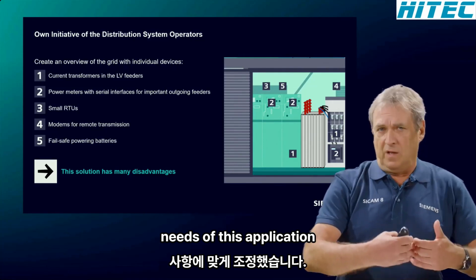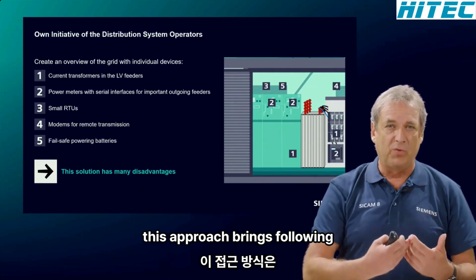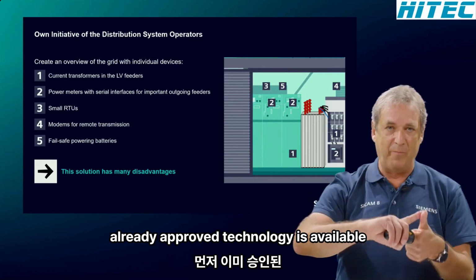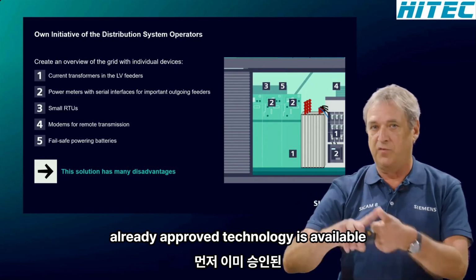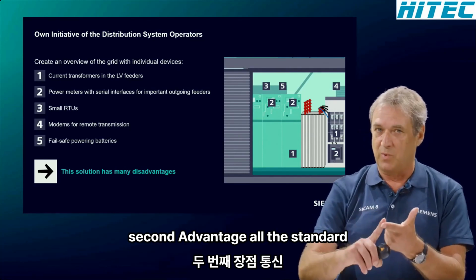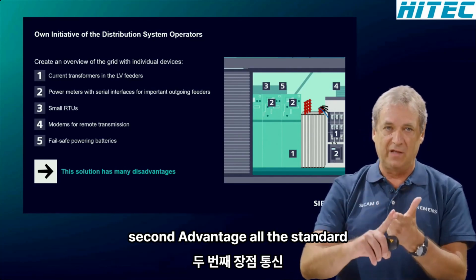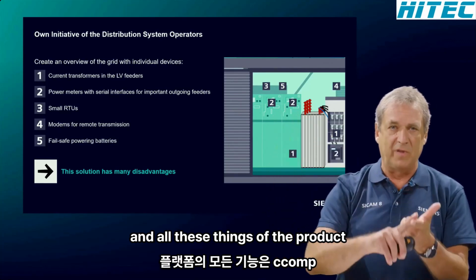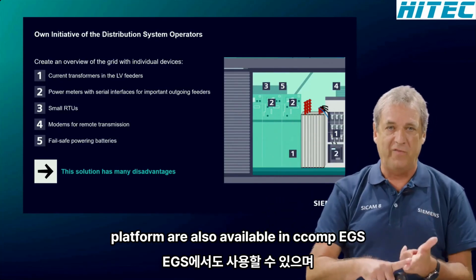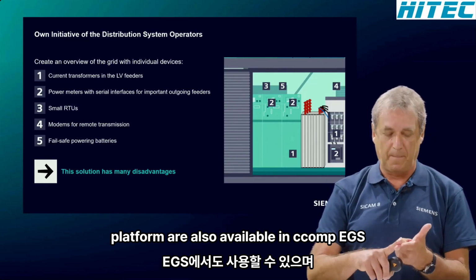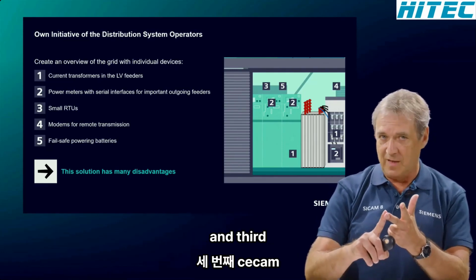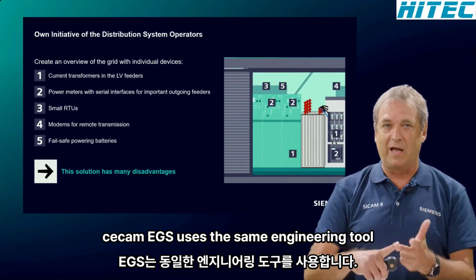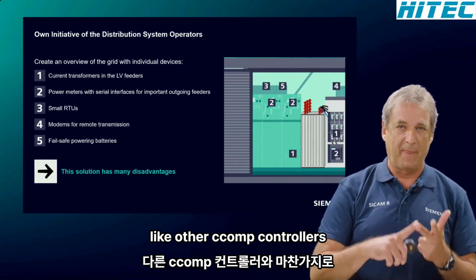This approach brings the following advantages to the customer. First of all, already approved technology is available for his project. Second advantage, all the standard features like communication protocols and all these things of the product platform are also available in SICAM EGS. And third, SICAM EGS uses the same engineering tool like other SICAM controllers.